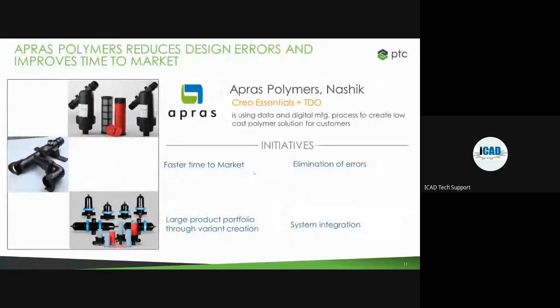We also have another customer in Ambad, Apras Polymer in Nashik. They are using Creo Essential plus TDO extensions, and they manufacture pumps and plastic parts. They use new product development, tool design and expert mold based extensions.